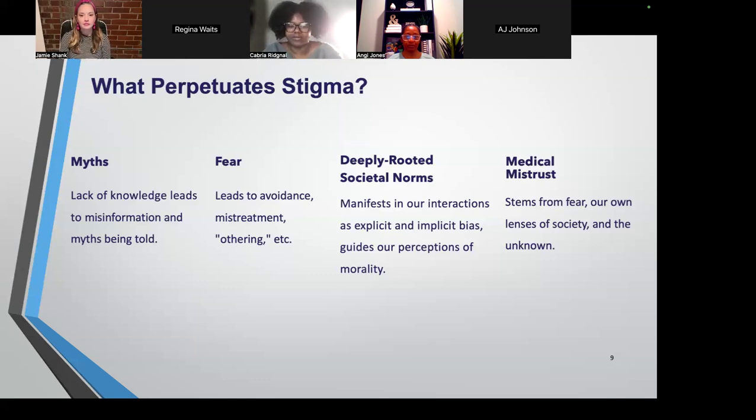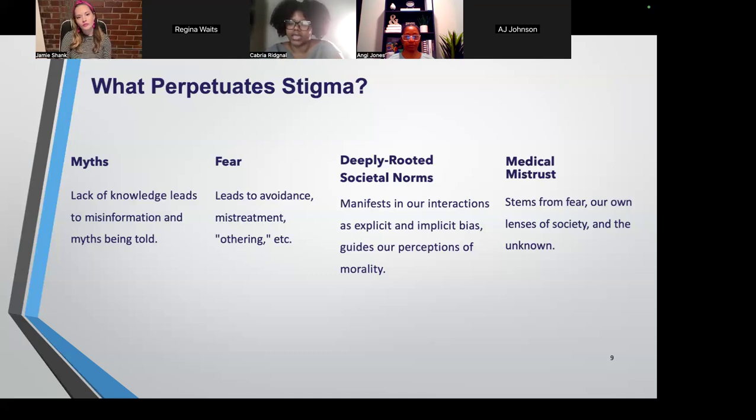And so just making sure we keep people educated on that as well, which that lack of knowledge and information leads to fear. And fear can also lead to a variety of things, such as avoidance and mistreatment, and also othering, which is a big thing within the HIV space.